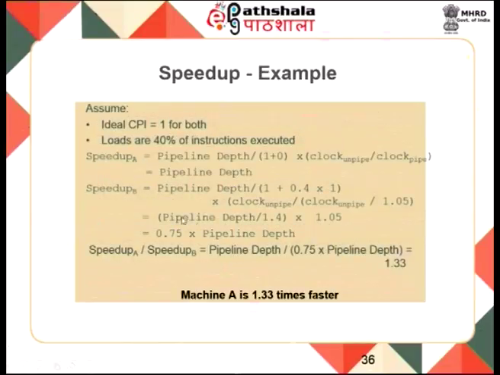If you substitute these values in your speedup equation, assuming that 40% of the instructions are load instructions, so only 40% of the instructions are going to give you a problem with respect to a structural hazard, you find that machine A is 1.33 times faster than machine B.